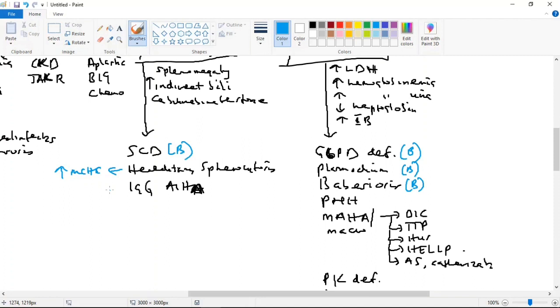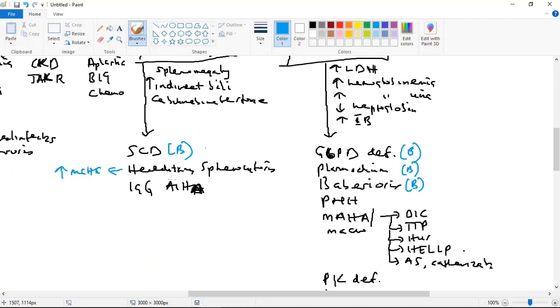They can't squeeze through the splenic sinusoids in the red pulp. They're going to get stuck there, and the macrophages will come in and basically eat them up, right? So that's going to be important. Those people too require what? Vaccination against encapsulated bugs once the spleen has been removed.